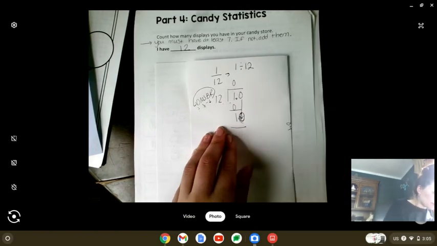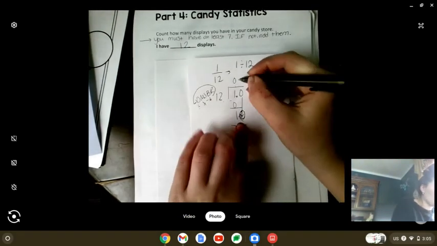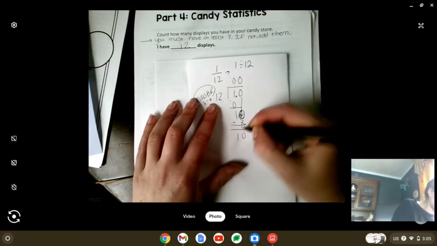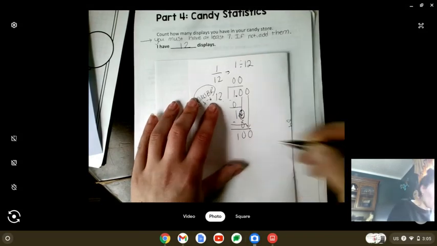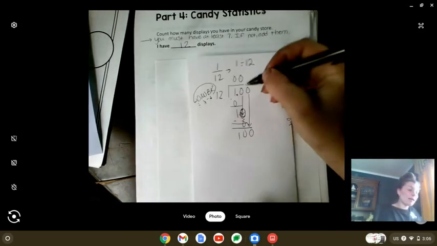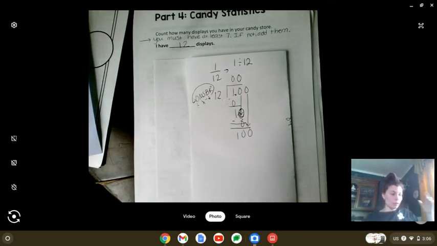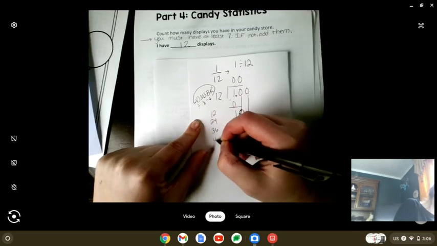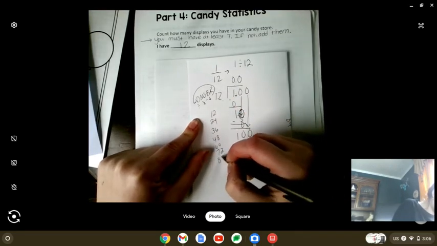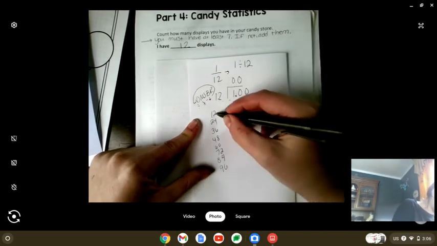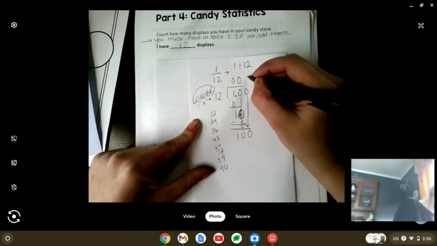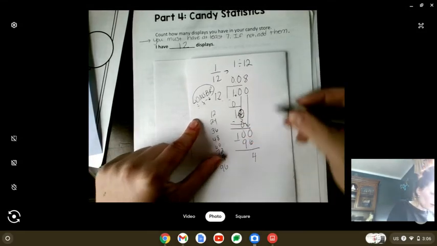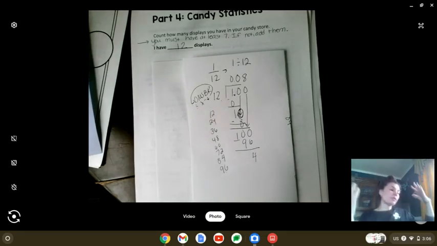I'm not sure if you're messing this up. 10. 12 goes into 10, 0 times. Multiply, we get 0. Subtract, we get 10. Add another 0. Notice how I'm really lining it up. That way I can just pop up my decimal and it will make more sense. 12 goes into 100, 12, 24, 36, 48, 60, 72, 84, 96. 1, 2, 3, 4, 5, 6, 7, 8 times. 12 times 8 is 96. 4, and then I would just have a 0 and keep going, going.